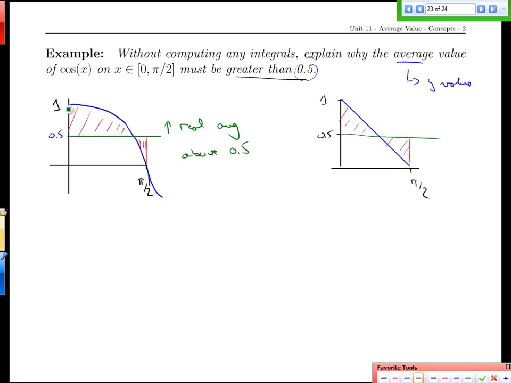However, what does our graph do? It does not go in a straight line, but it's concave down. So it has more area up high, because we're not going to follow the line, we're always going to be above that line.